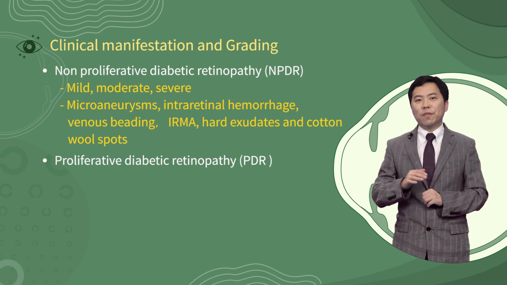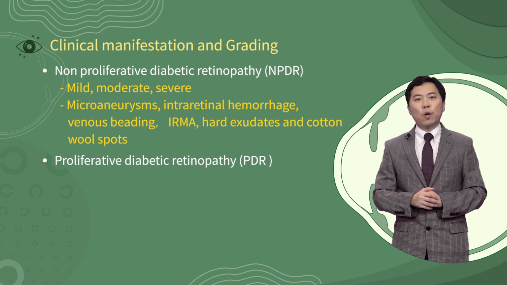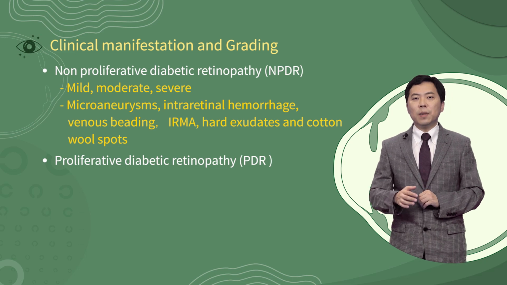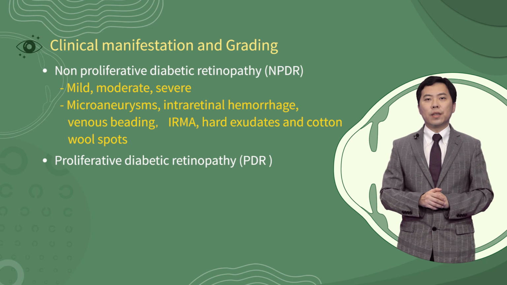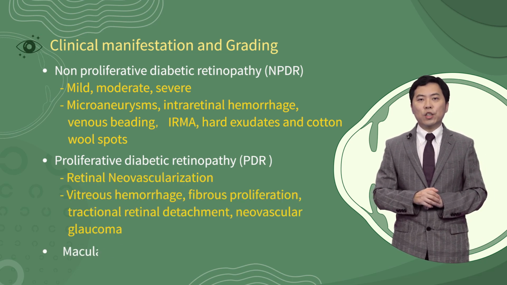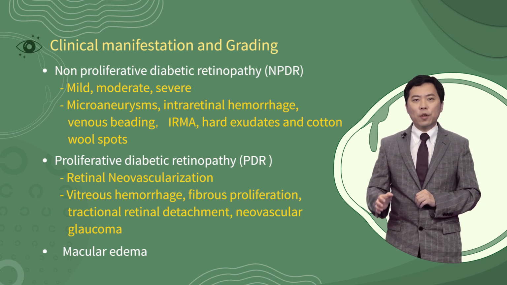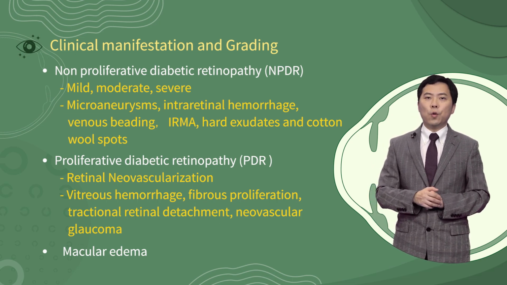The clinical manifestations include microaneurysms, intraretinal hemorrhage, venous beading, edema, hard exudates, and cotton wool spots. The hallmark of PDR is retinal neovascularization with possible complications, including vitreous hemorrhage, fibrous proliferation, tractional retinal detachment, and neovascular glaucoma.